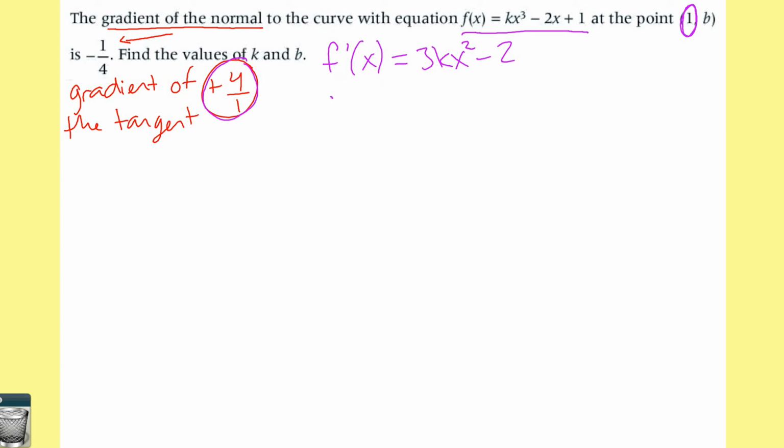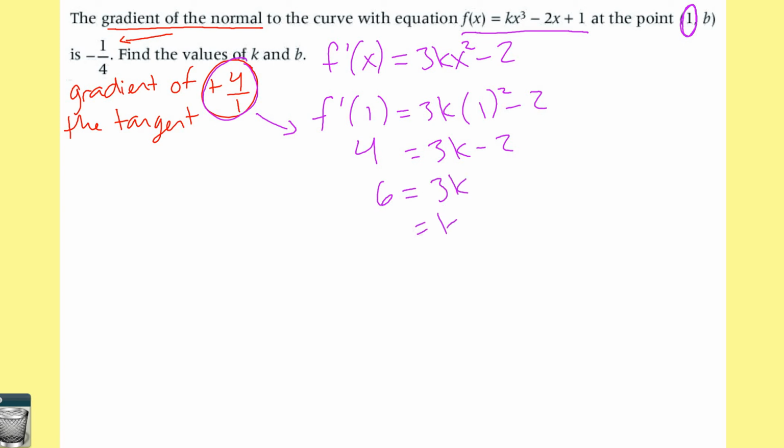So if I plug in f prime of 1, I should also get that equal to 4. So now we can solve. So k equals 2.